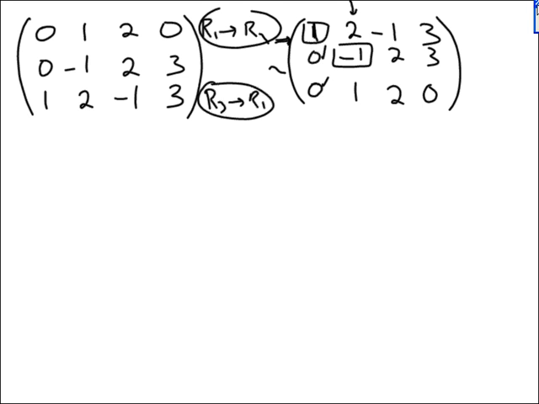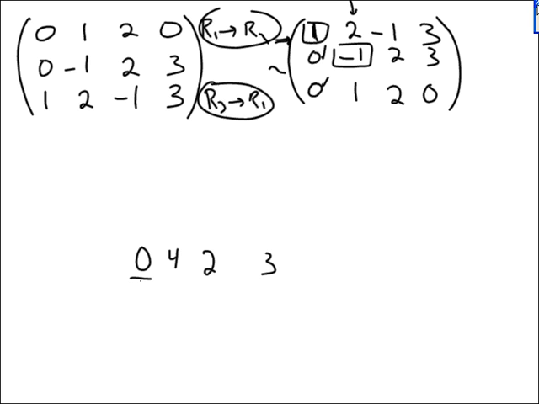Now, some textbooks and instructors would say you must get that number to be a 1 immediately. Well, the problem is that getting it to be a 1 will involve fractions. Imagine that negative 1 was a 4.